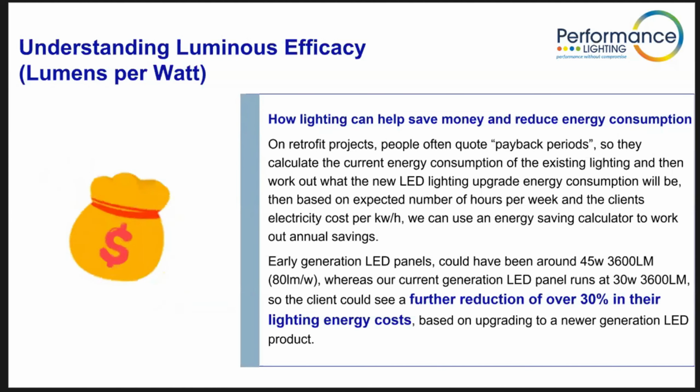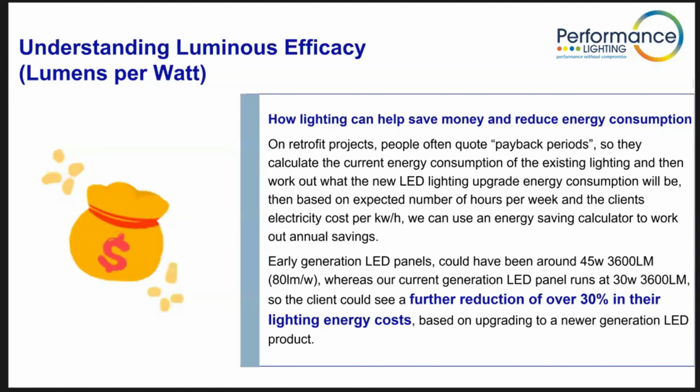If it's going to cost you £75,000 to buy and install that new LED lighting, but you're going to save £25,000 a year on your energy, then within 3 years that new LED lighting has paid for itself. Beyond that, because it'll have a 5-year minimum warranty, those energy savings are pure savings. So not only have you got a nicer looking upgraded lighting system, you're also saving money as well. And obviously with the cost of energy, that's really important.